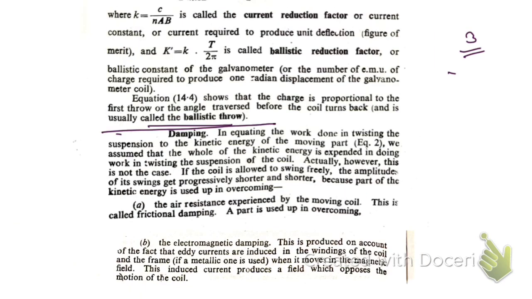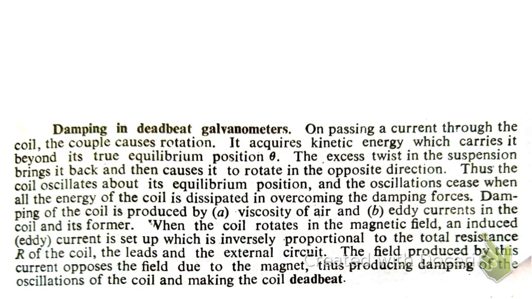The next question, that is the OR part of 9, starts from here, this one is damping, and here you see the last part of this question ends here. Hope you have understood this.